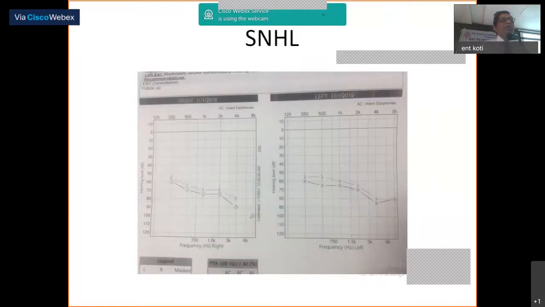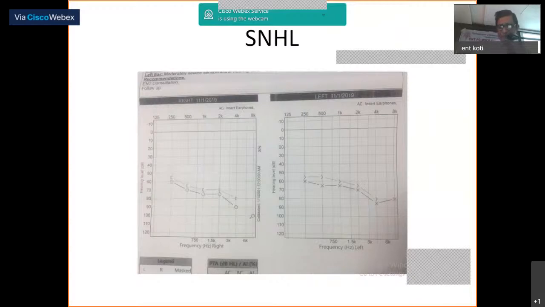So in a mixed hearing loss, bone conduction and air conduction, both of them should be more than 50 decibels down. Otherwise, what is depicted is a moderate sensory hearing loss. If the bone conduction hearing loss is somewhere between 30 to 40, it will be mild sensory hearing loss.